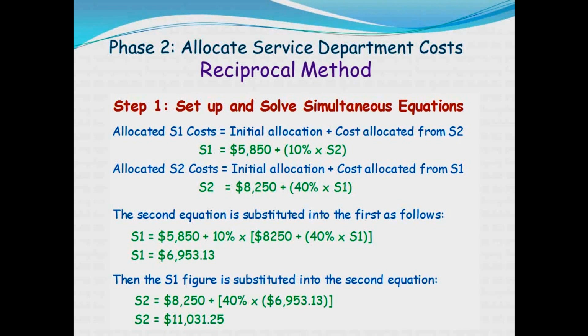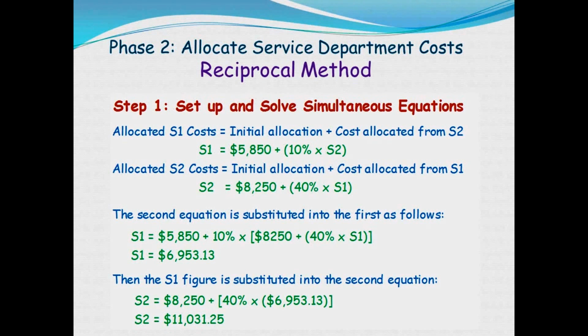You just create simultaneous equations, and you work from there. So this is going to give you the most exact answer. It just gets very mathematically cumbersome when you have lots and lots of service departments. Essentially, your total cost for service department 1 is the cost that was allocated to it originally, plus its allocation from service department 2.